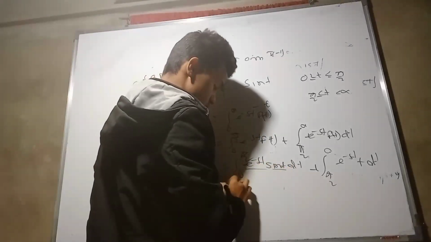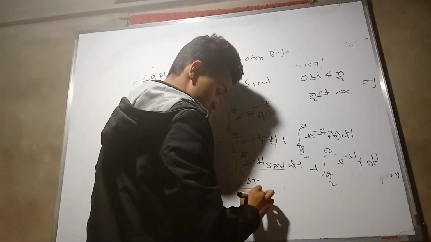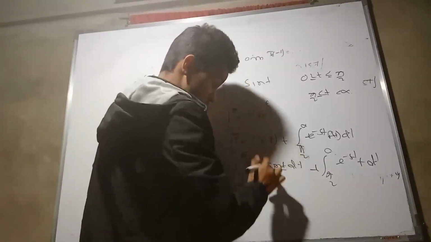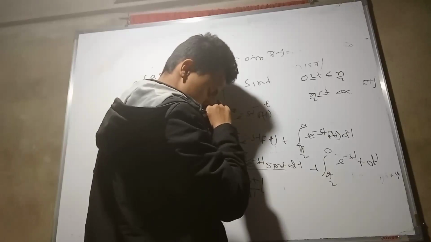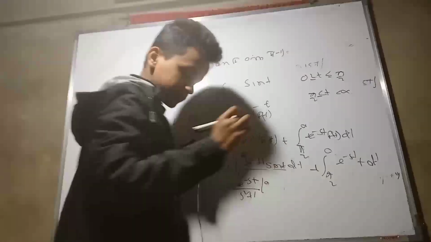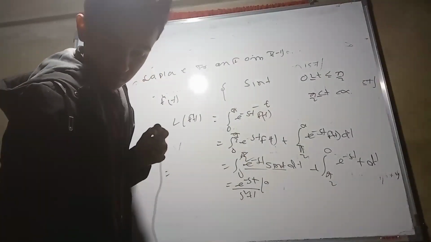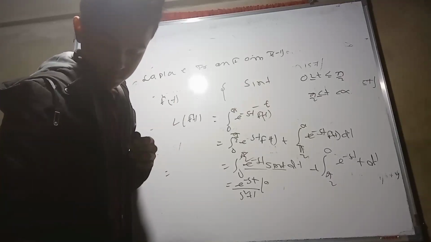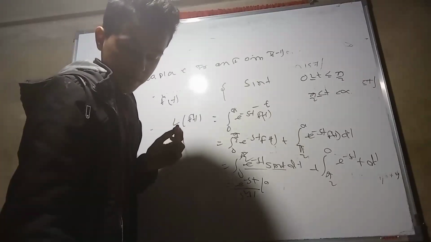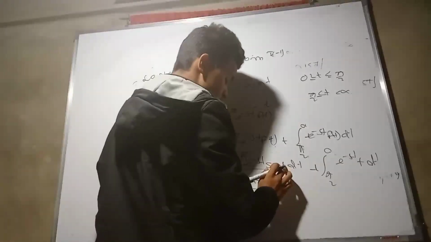What will be the value of the integral? This is nothing but e to the power minus st upon s square plus 1. Here the a will be 1.